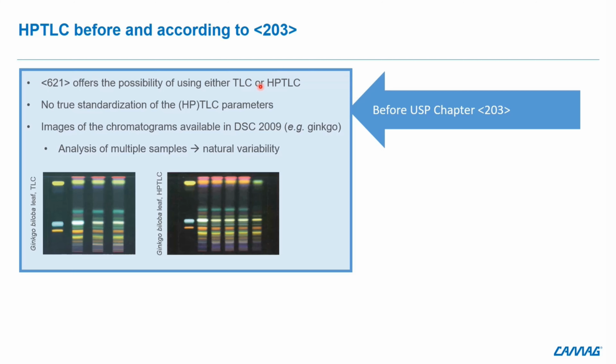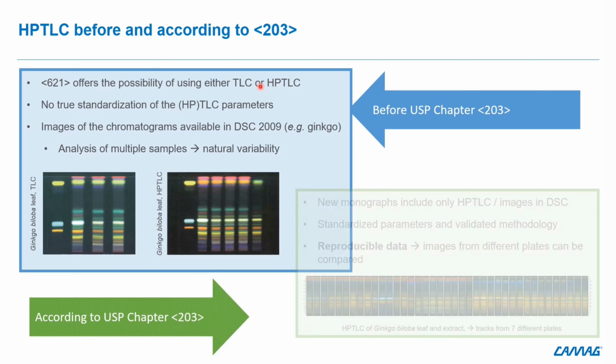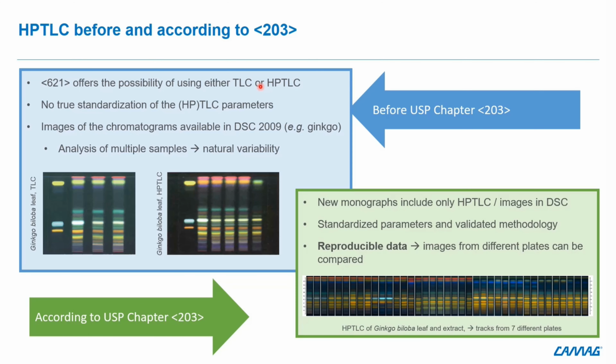There was a lack of standardization as too many parameters were not well defined and described. In the new chapter 203, all parameters for HPTLC are defined, which leads to reproducible results if the described methodology is followed.